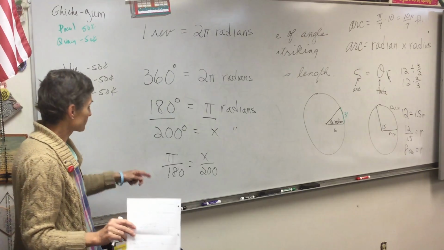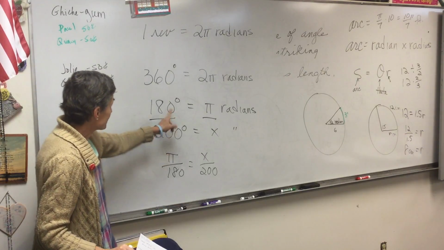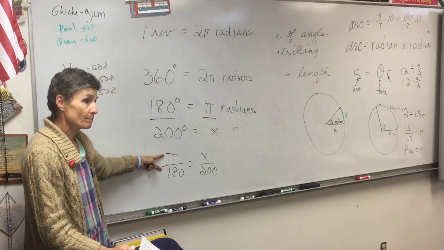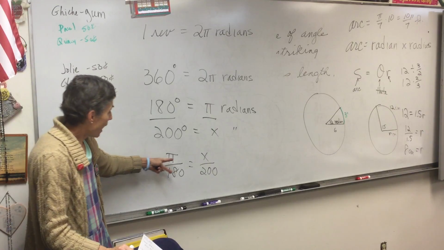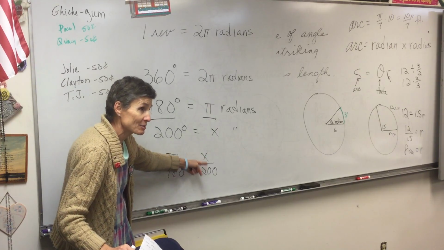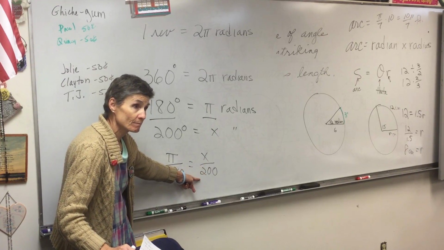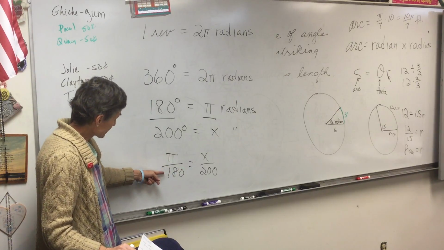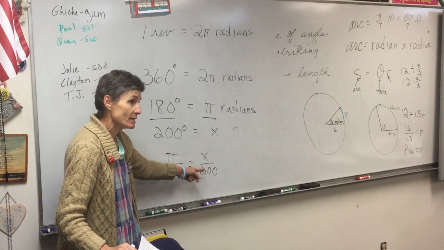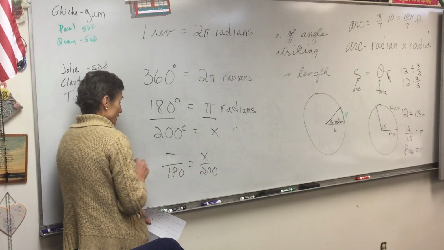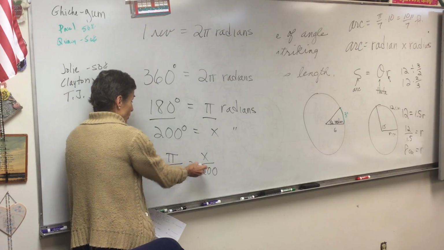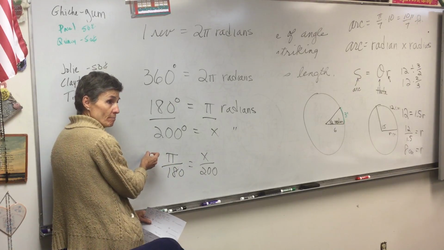Here's the deal. Pi and 180 are the same. Would you agree? So these are the same. That's a match. I want to know what will match 200. So I say pi radians is 180 degrees, so how many radians are 200 degrees? How would I solve that? I'm just going to multiply over here this 200.